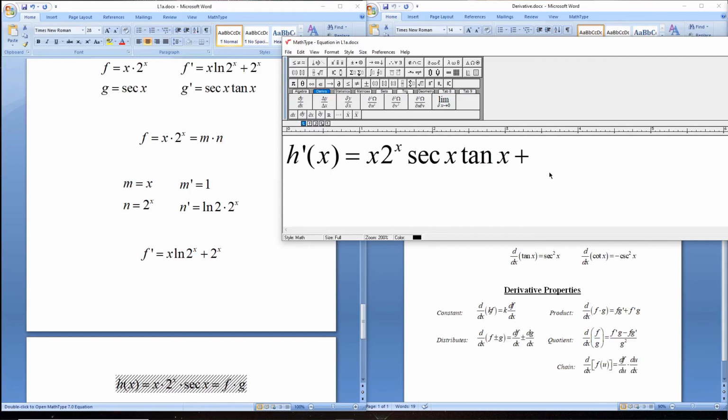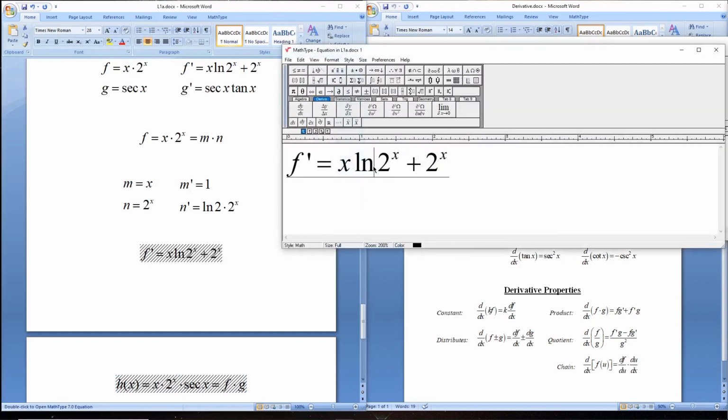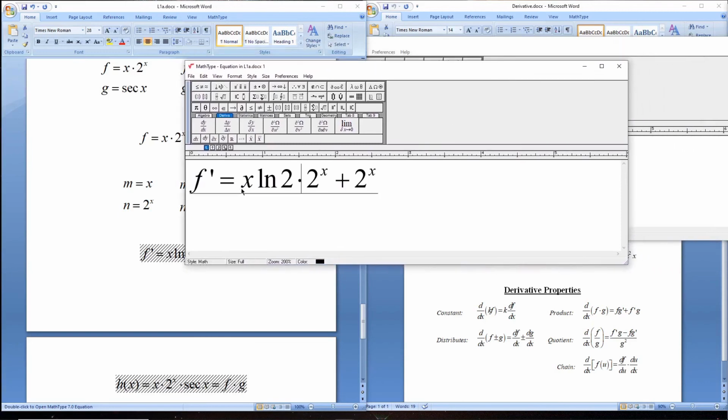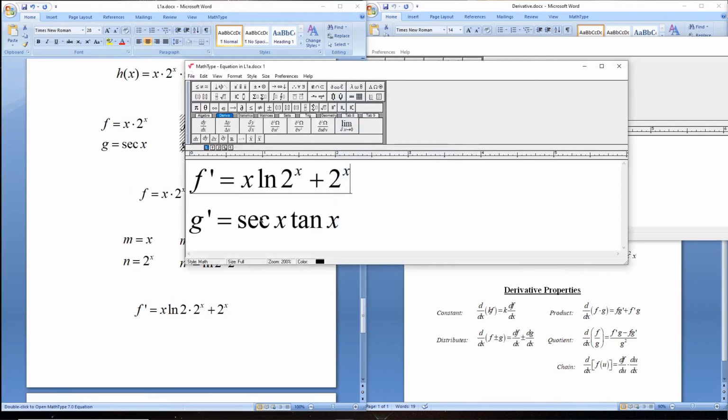So the derivative of f, whoops, mistake there. I'm missing a 2 right here. So it's x natural log of 2 times 2 raised to the x. And that mistake got pasted in here then.